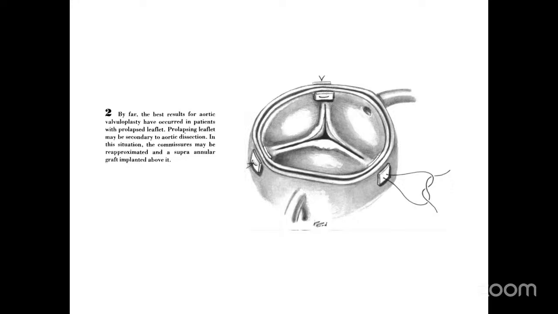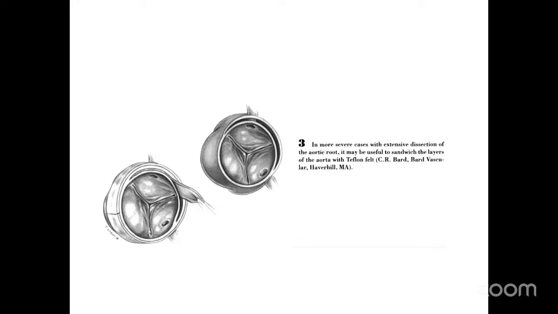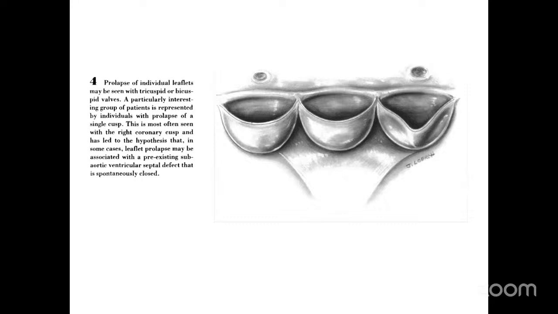As you can see here, the commissures are sutured in a way that they are shortened to get rid of the prolapse effects. In more severe cases with extensive dissection in the aortic root, it may be useful to sandwich the layers of the aorta with Teflon felt, as shown here in the illustration.